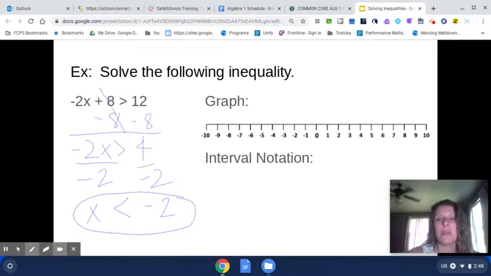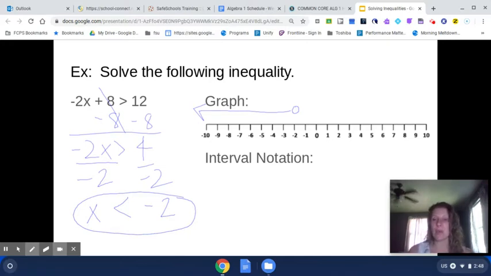So I am going to put an open dot at -2, meaning I can get very, very close to it, but I don't want to actually pick -2 as a solution. And I want to shade anything that's to the left. Left is always less. So my possible values, -3, -5, -10, -1,000,000. Those are all values that are less than -2.